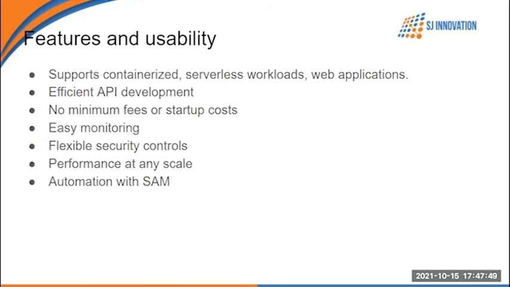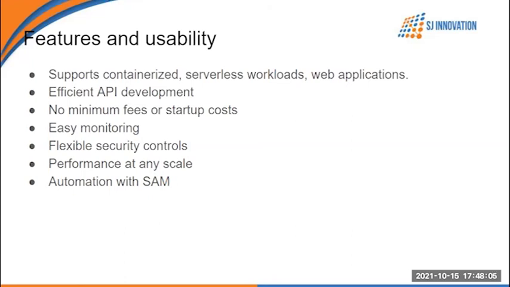And the last part is that you can automate your API. That means if you want to migrate your API from one AWS account to a new AWS account, you can make use of something called SAM, the Serverless Application Model that we looked at in previous sessions, or a CloudFormation template.